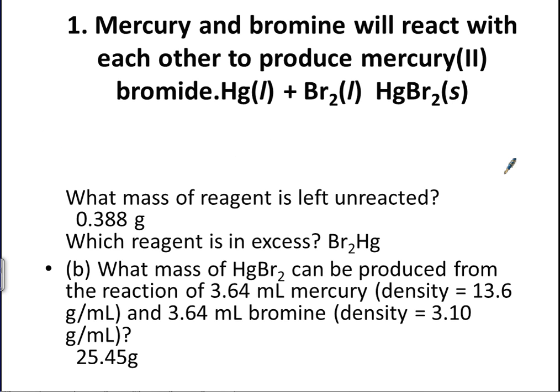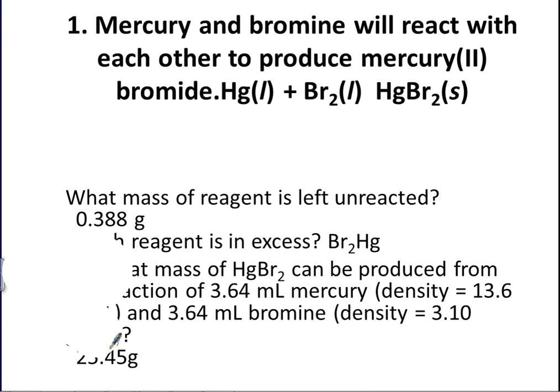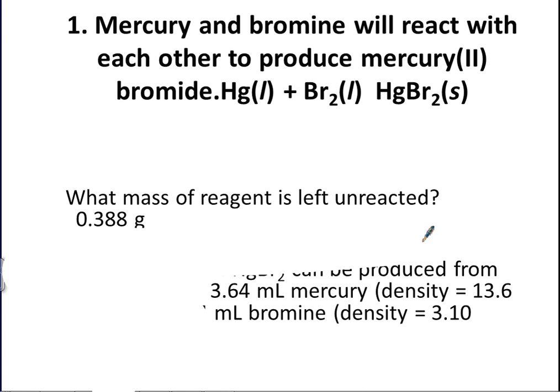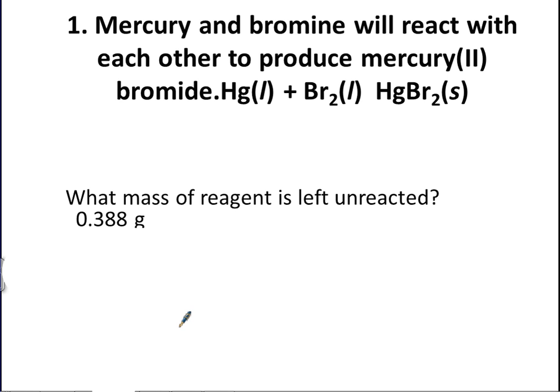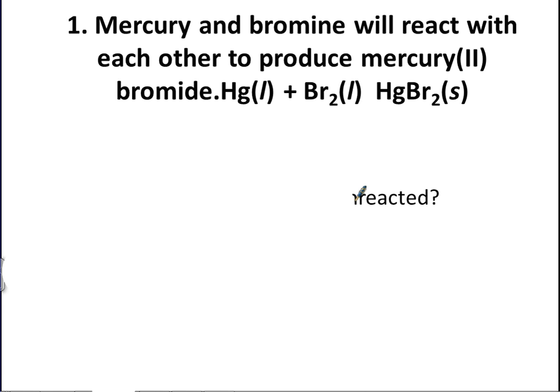Yes. Okay, so I'm going to erase this for now. So the question is asking, what mass of reagent is left unreacted? What is the mass of Hg that we're using? How much excess is left over?